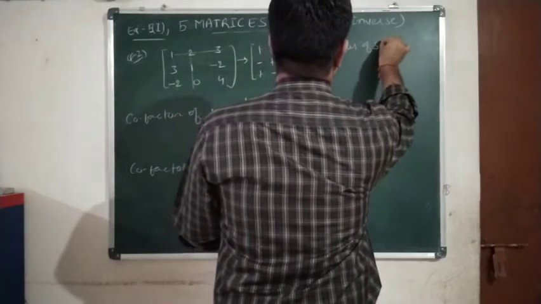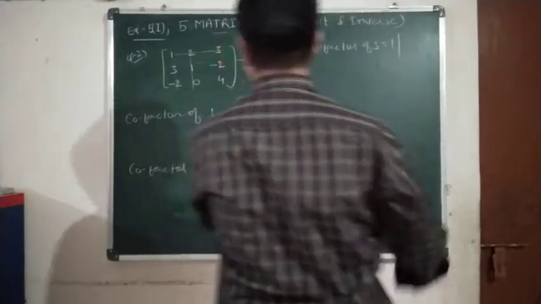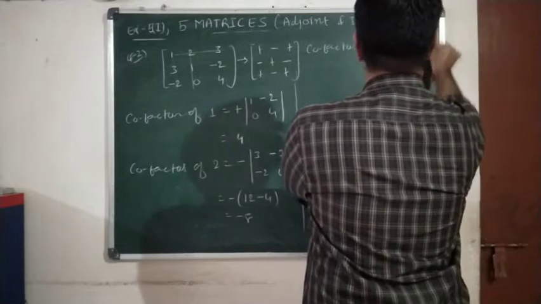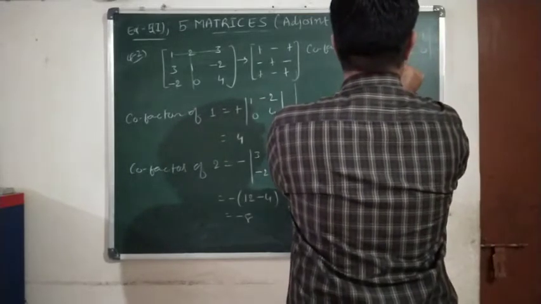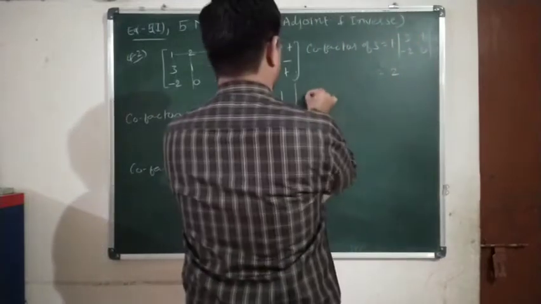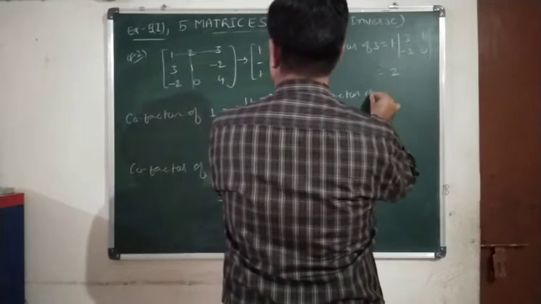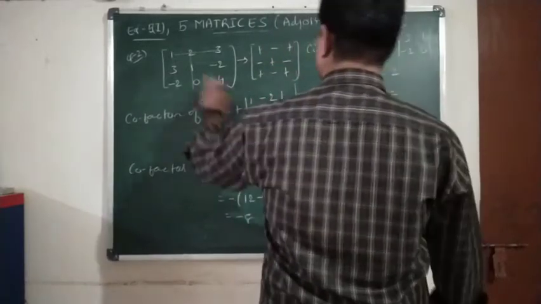Now cofactor of 3 will be the determinant having plus sign, 3 1, minus 2 0, which is equal to 2. Again, cofactor of 3 in the second row.